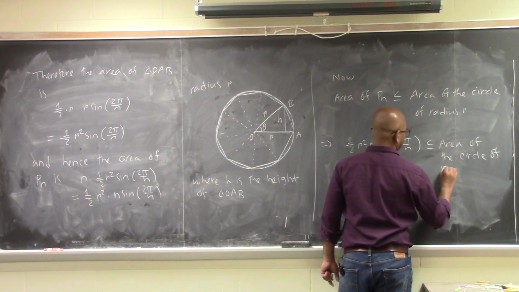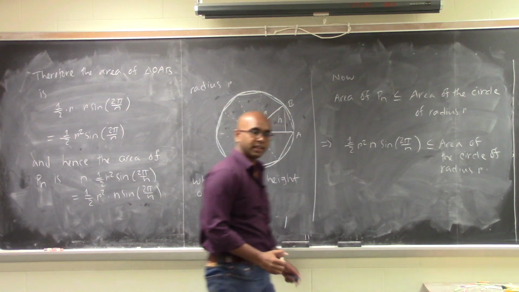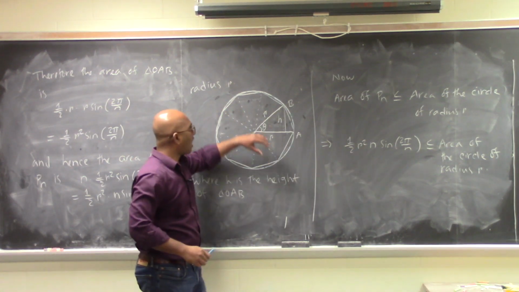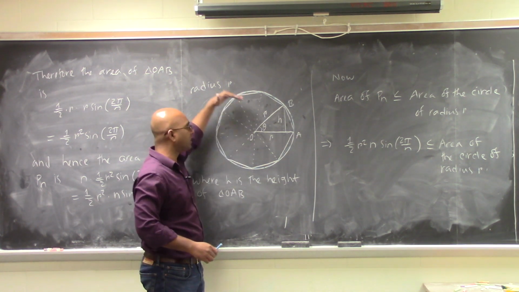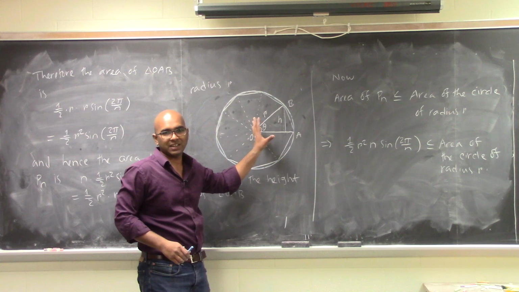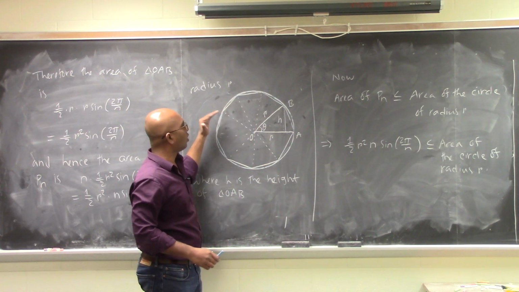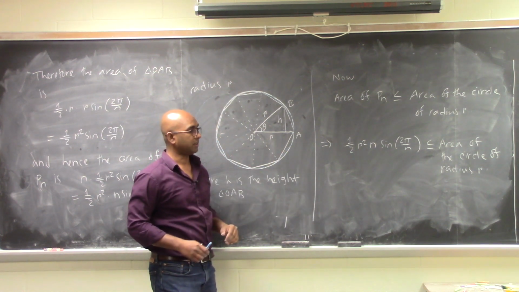Circle of radius r, right? And notice no matter how many sides your polygon has, it's still inscribed in this circle. So even if n goes to infinity, that area will be less than or equal to the area of the circle.